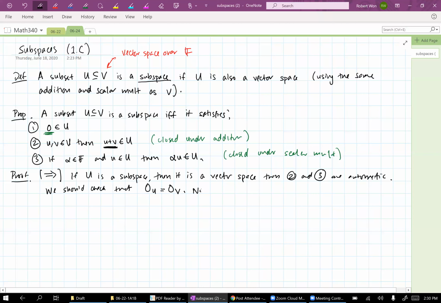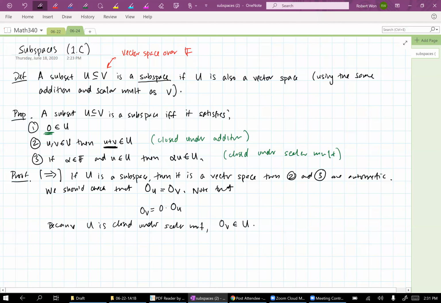Right? But note that say you have the 0 vector of U, whatever it is, it's also a vector in V. So if you scalar multiply by the scalar 0, you get the 0 vector of V. This is because this is true for every vector in V. And because U is closed under scalar multiplication, this means that the zero vector of V is definitely in U, right?